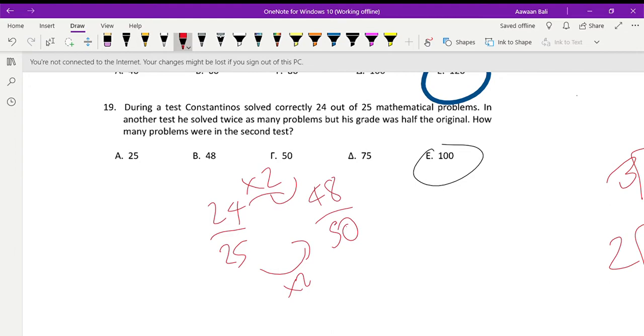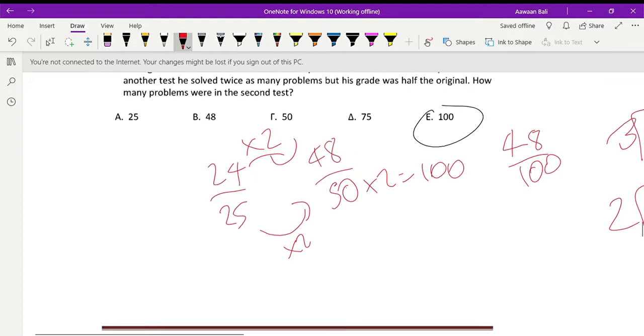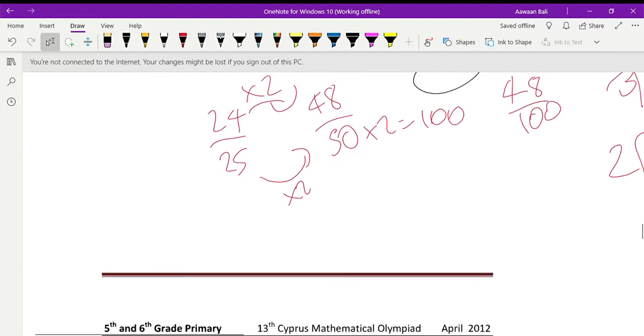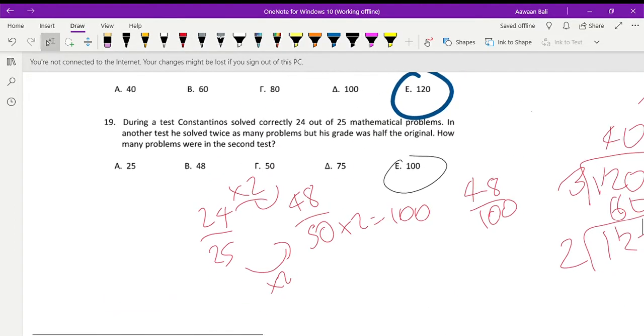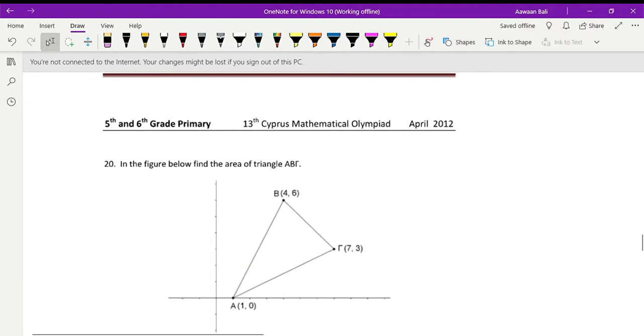However, it says his grade was half the original, which means you would multiply the denominator only by 2 again, which means 48 upon 100. Because the denominator is larger, the value is less, which means the answer is eta, 100. There has to be 100 questions for this to happen, so the answer is eta.